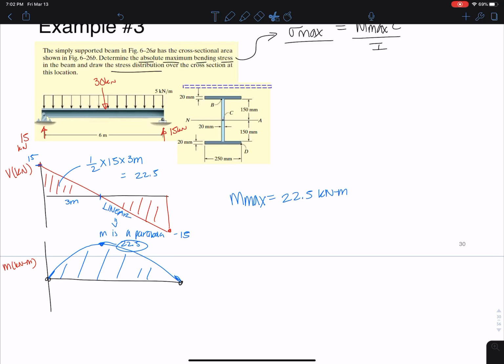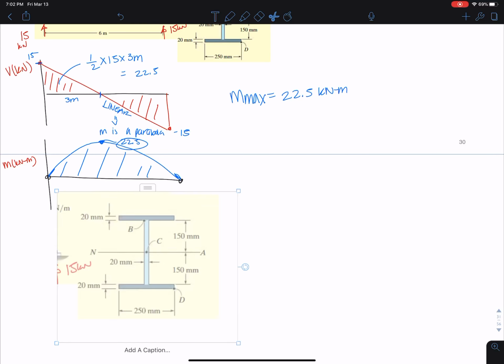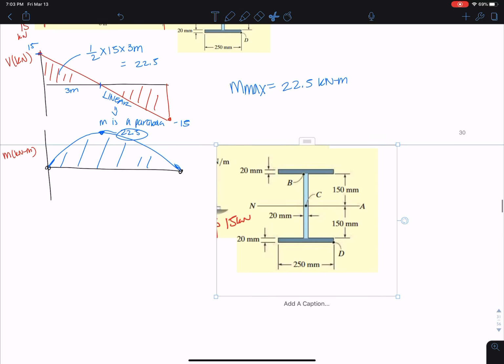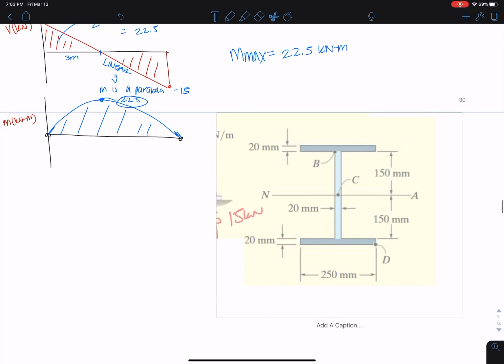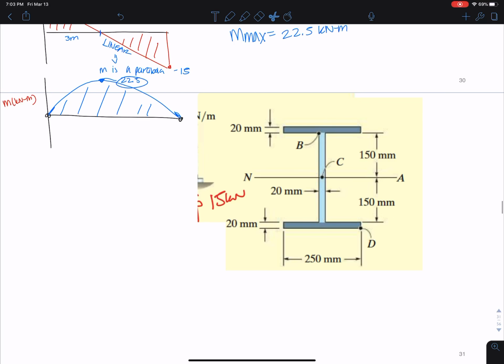So let me copy this. Actually, hold on, let's copy this down here and make it a little bit bigger. Okay, so we can use a couple of different methods to calculate moment of inertia of these types of shapes.